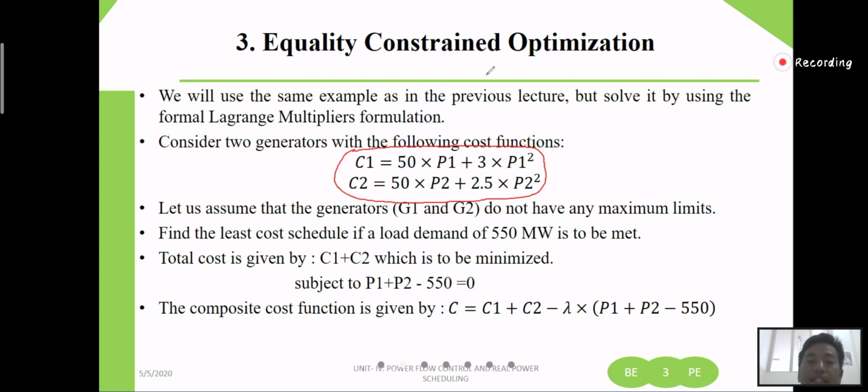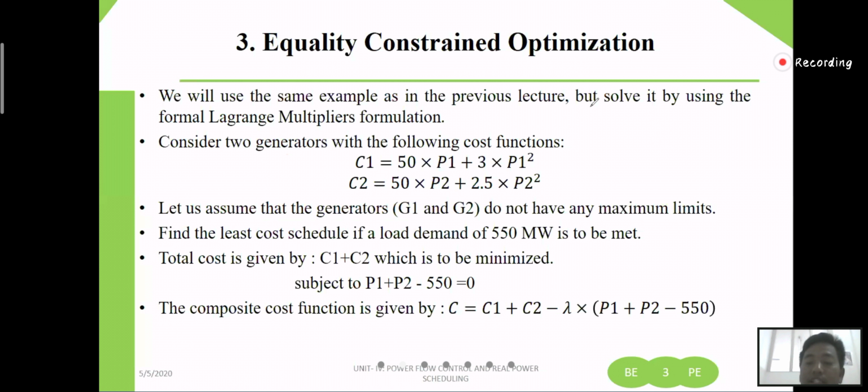Now let's consider two generators with the following cost functions: C1 = 50 P1 + 3 P1 squared, which we considered in the earlier example, and C2 given by this equation. Let us assume that generators G1 and G2 do not have a maximum limit. We are considering this because we have not considered the inequality constraint; we are considering only the equality constraint.